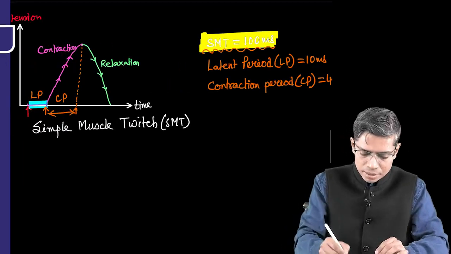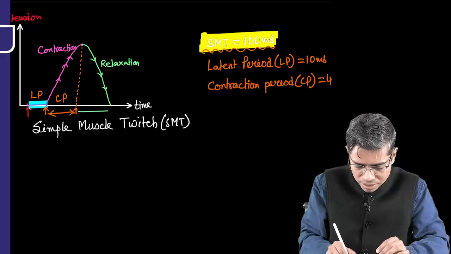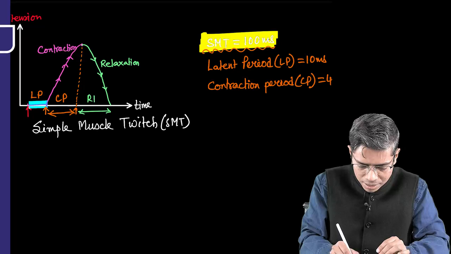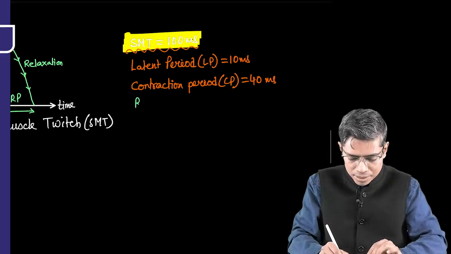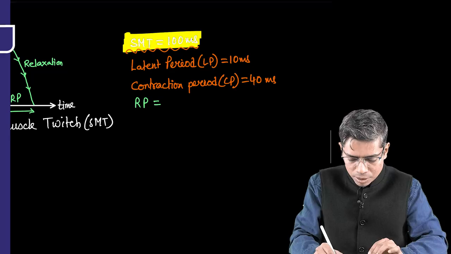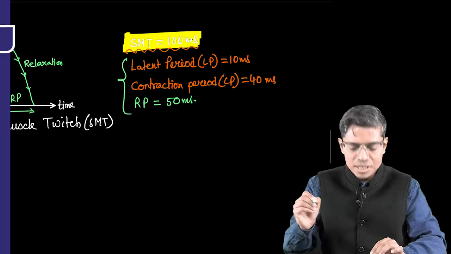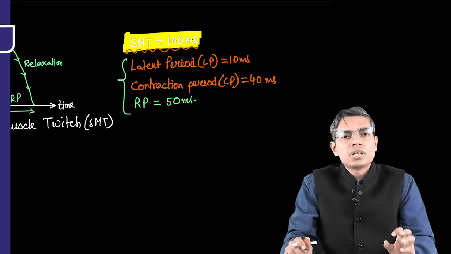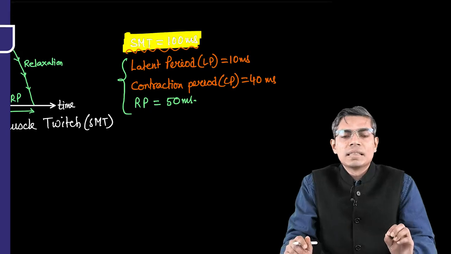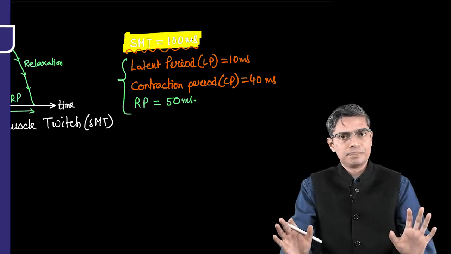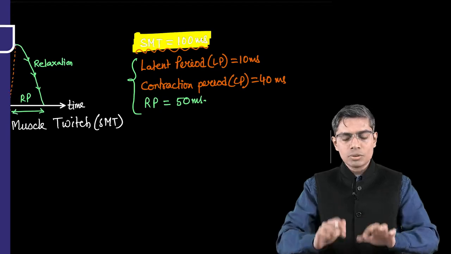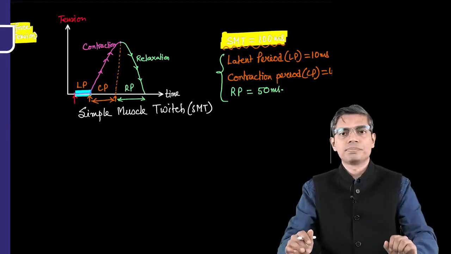And obviously the later half is nothing but the relaxation period, the RP. The RP is a little more than the contraction period, that is 50 milliseconds. So the combination of these three durations is the total duration of a simple muscle twitch, and that is 100 millisecond. Now you know the meaning of simple muscle twitch.